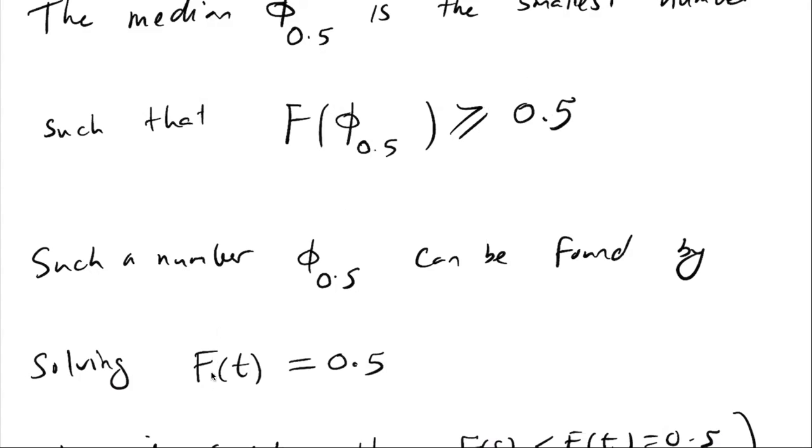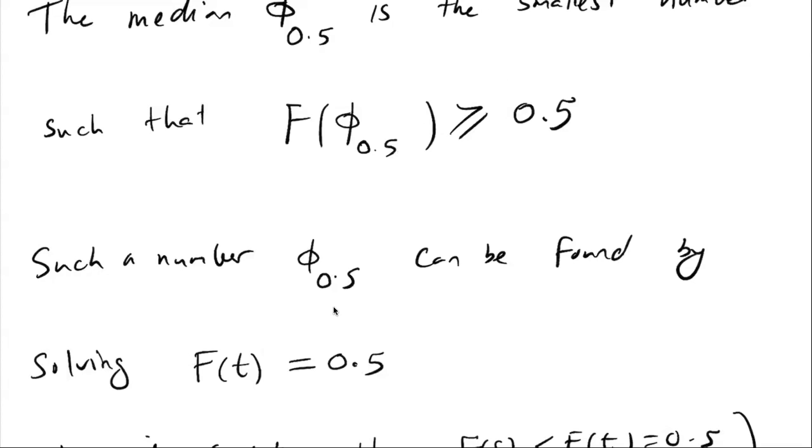So in that case, I cannot say the solution of capital F of t equals 0.5, because this equation may have no solution. Therefore, I really need to work with bigger than or equal to, so that if it jumps from 0.4 to 0.6, then I consider 0.6 as the smallest output bigger than or equal to 0.5 and then find the relevant input.